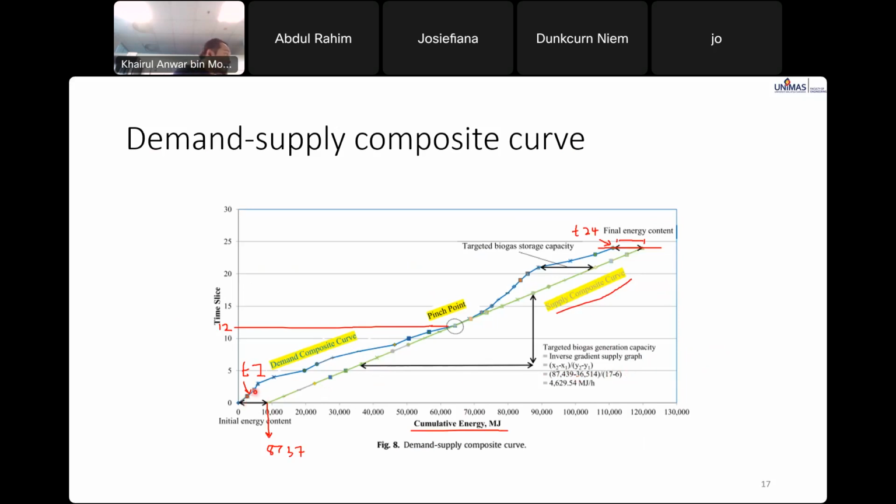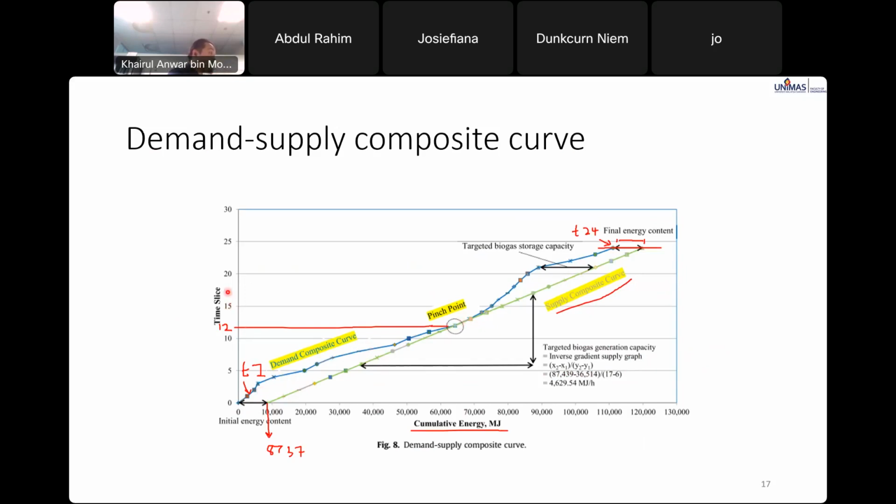This curve here refers to the composite curve. This is the supply composite curve. In water, this one is the water supply line, and this is the composite curve based on the water flow rate.